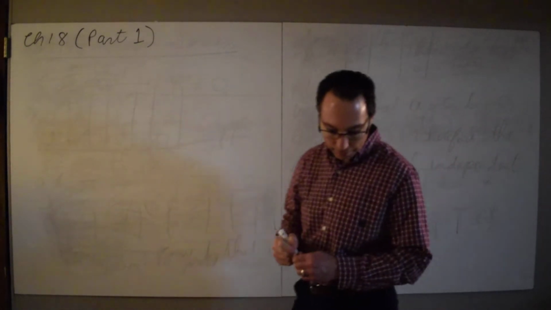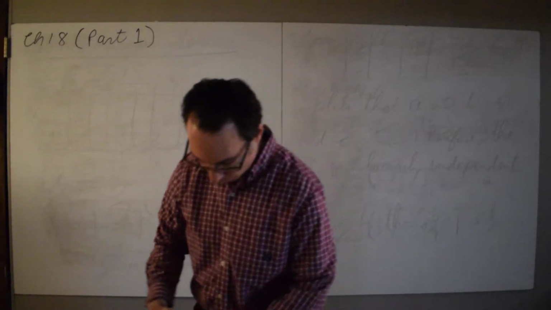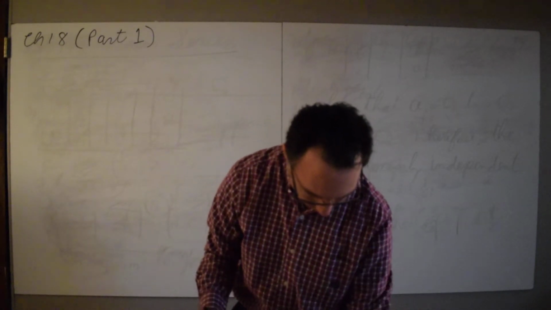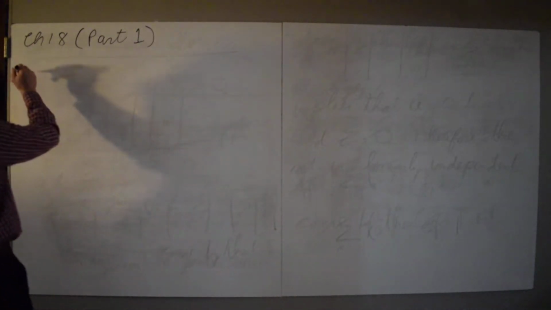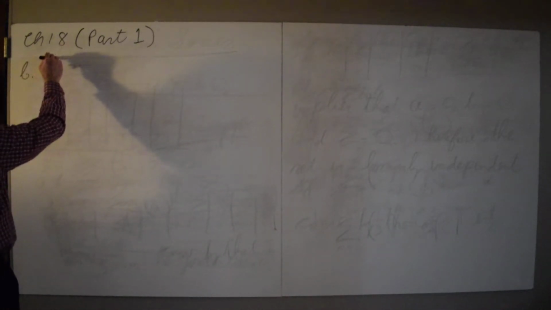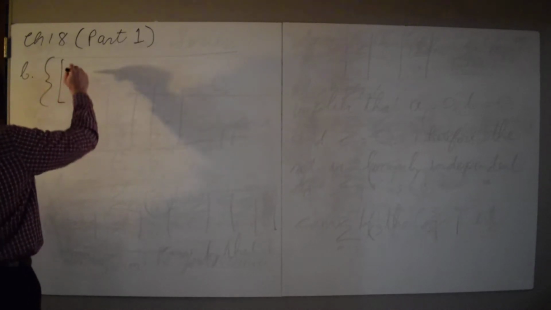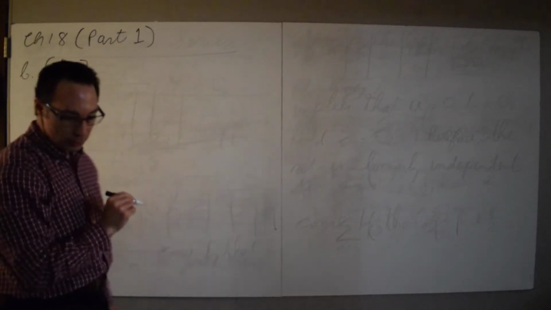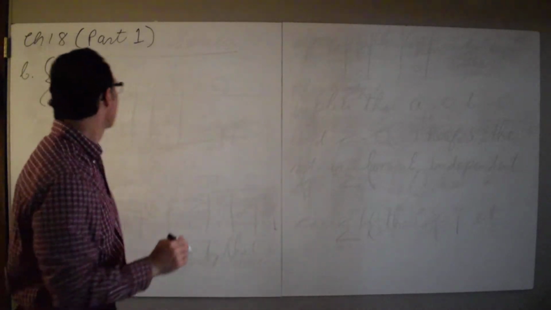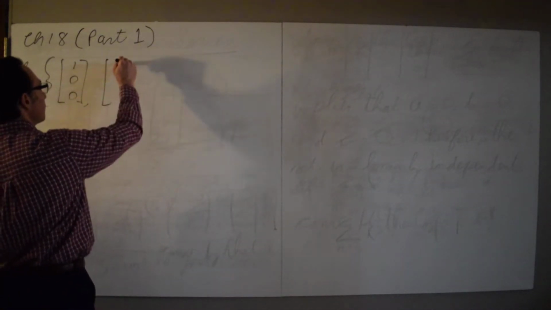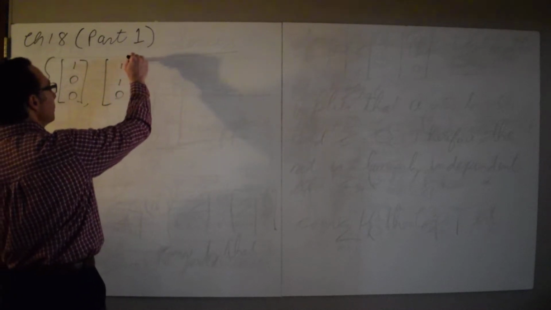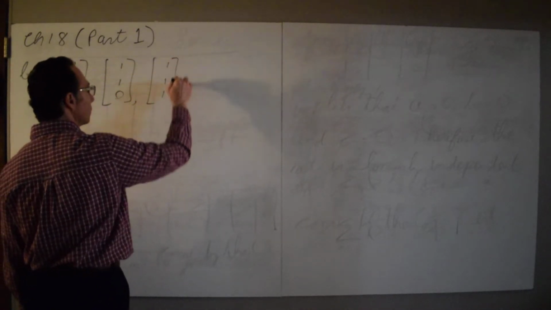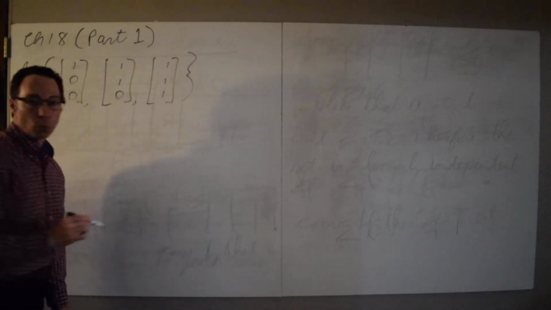Continuing to part B, for B, we have the set of vectors 1, 0, 0, 1, 1, 0, and 1, 1, 1.